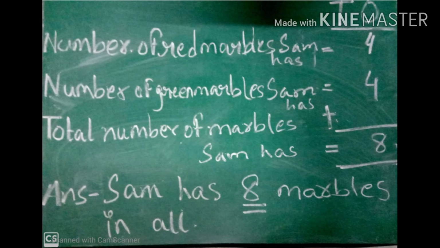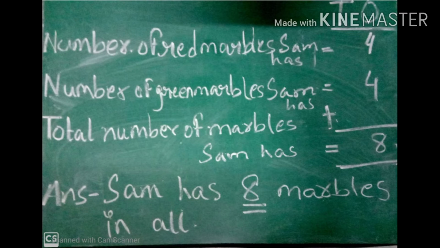Again, we are starting the sum, writing T and O. Statement 1. Number of red marbles Sam has equals to 4, with 4 under the ones column.